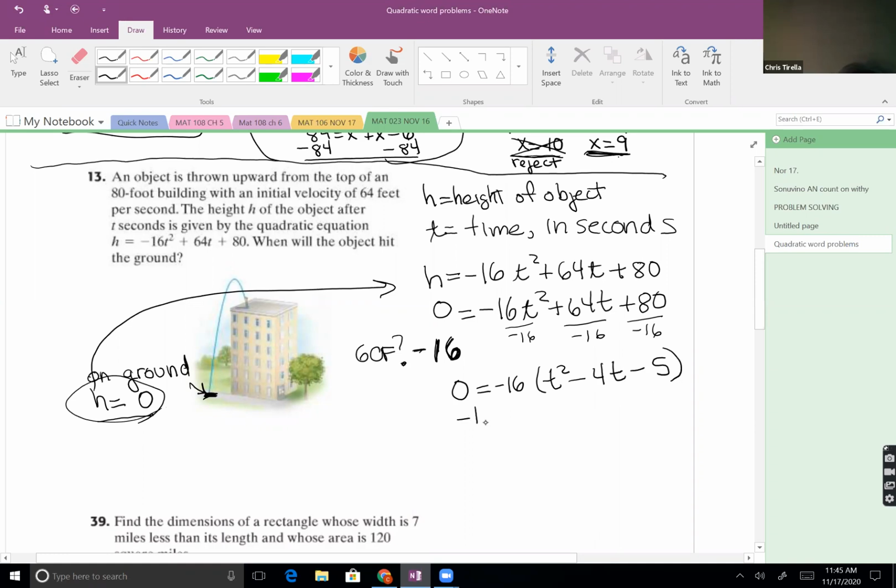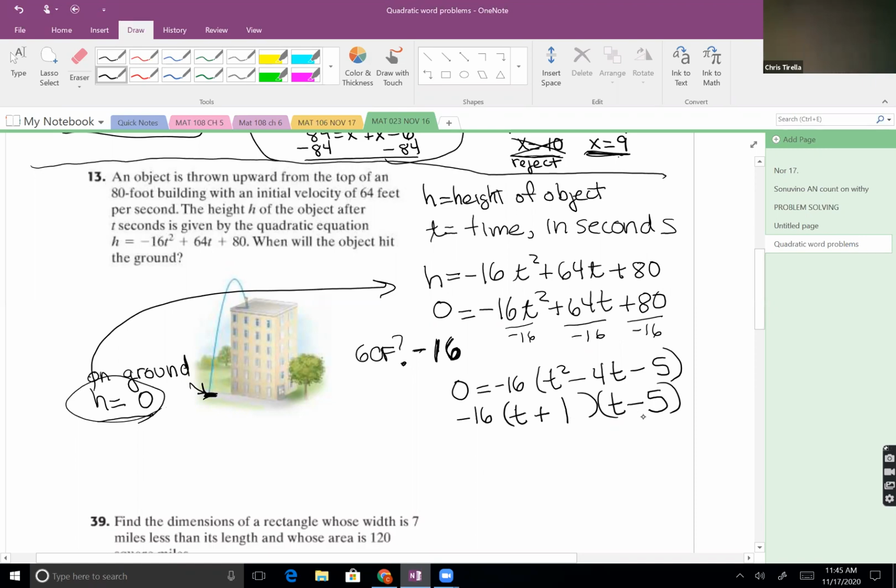So that's negative 16. If we factor further, t squared would be t times t. To be negative 5, one's a positive, one's a negative. 5 is only 1 times 5.